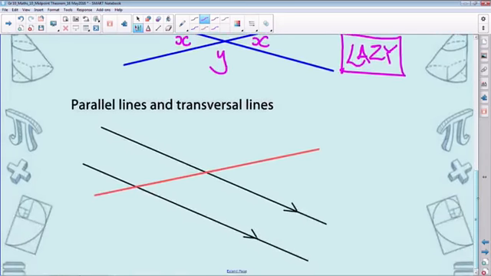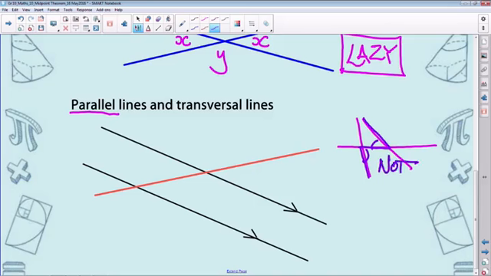Parallel lines and transversal lines. You'll remember that it's very important that the lines are parallel, because lines that aren't parallel can still have a transversal. But when we do the alternate angles, for example, that and that, they are not the same size.